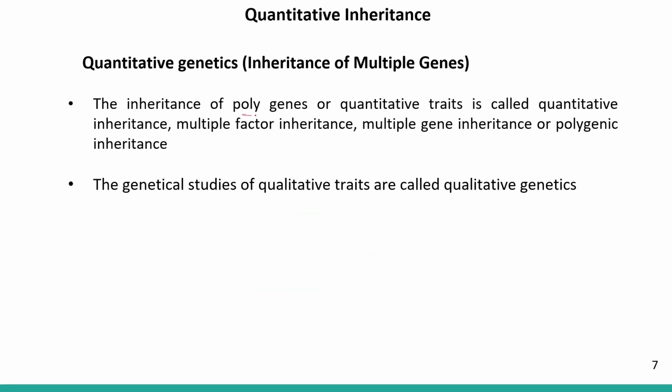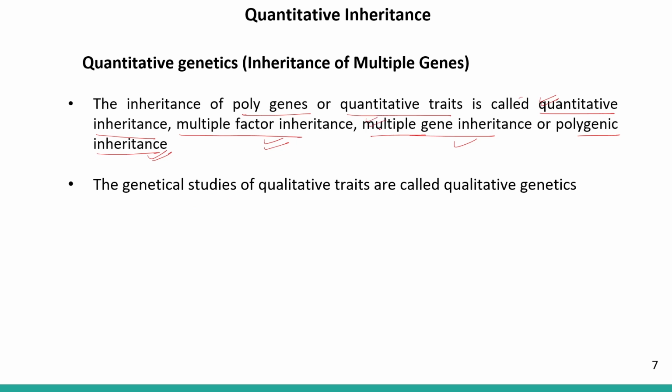The inheritance of polygenes or the quantitative trait is called quantitative inheritance, multiple factor inheritance, multiple gene inheritance, or polygenic inheritance. So there are multiple names for this type of inheritance. Do not get confused if in the examination it is asked about multiple gene inheritance.